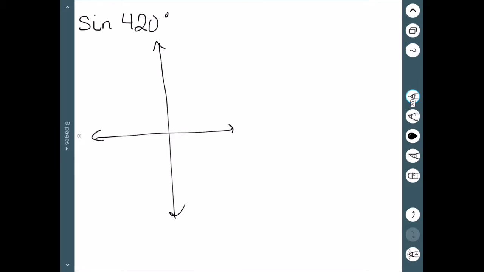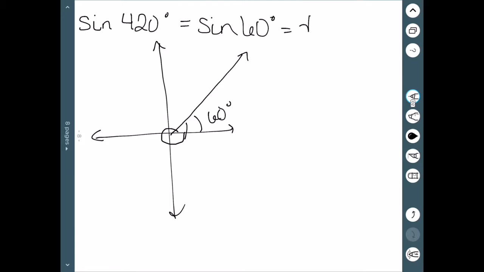Next, we'll look at sine of 420 degrees. Once again, a full circle is 360, and to get to 420, this time we need to go up an additional 60 degrees. Therefore, this is the same thing as sine of 60 degrees. And we already know that that is once again √3/2.